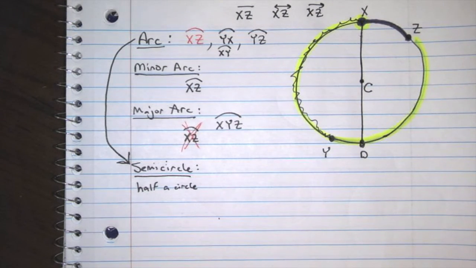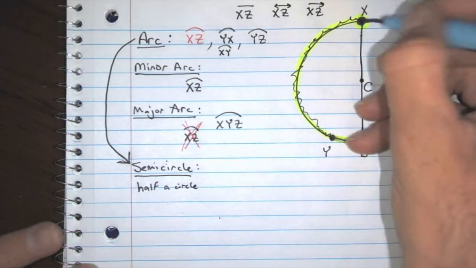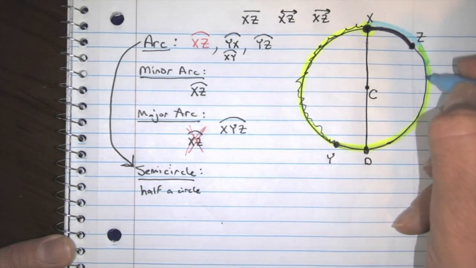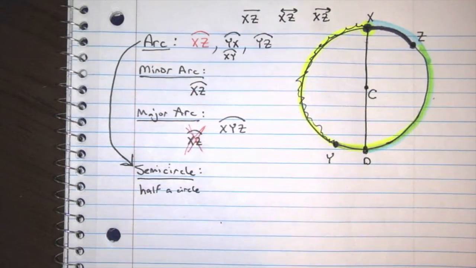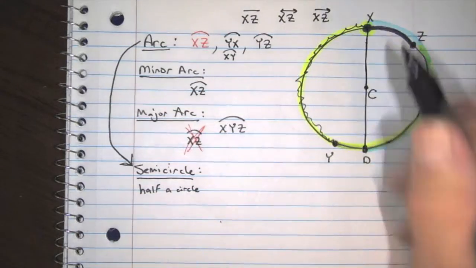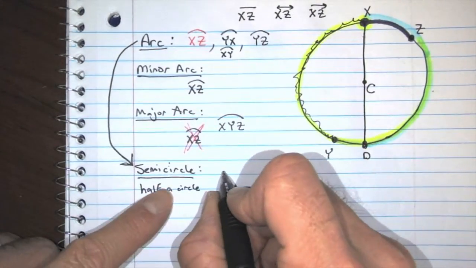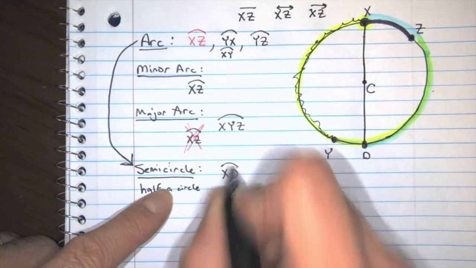So I actually have 2 up here. Let's see, I need more colors. I don't have as many colors at home that I did at school. I got a blue highlighter. Here's one semicircle, everybody. Hopefully you can see it. Half a circle. Starts at X, goes through Z, all the way to D. So here's one. Don't write this down.